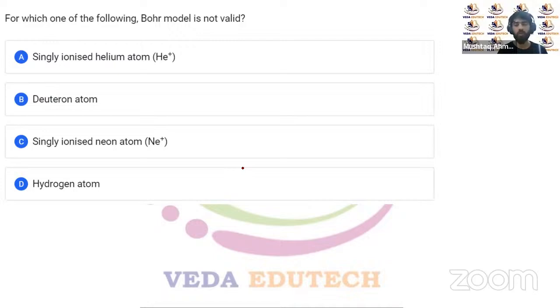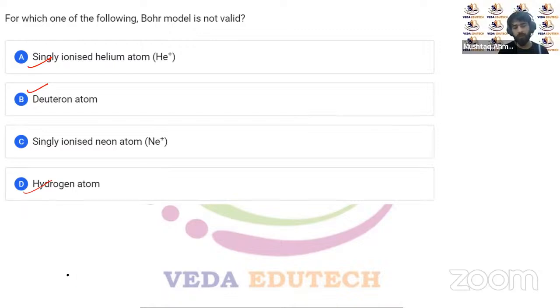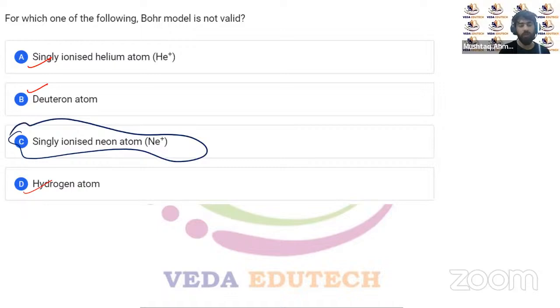Like we have helium positive or lithium 2 positive, we have deuterium, we have hydrogen. For all these atoms, it is valid, but there is only one atom which is not a monoelectronic system. Neon is not a monoelectronic system, it's rather a multi-electronic system. So this will not be applicable for option number 3.